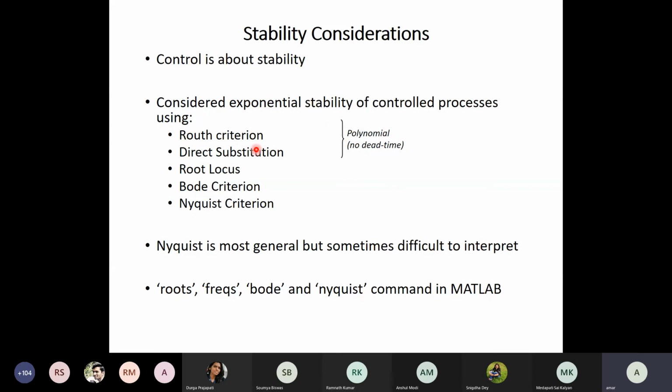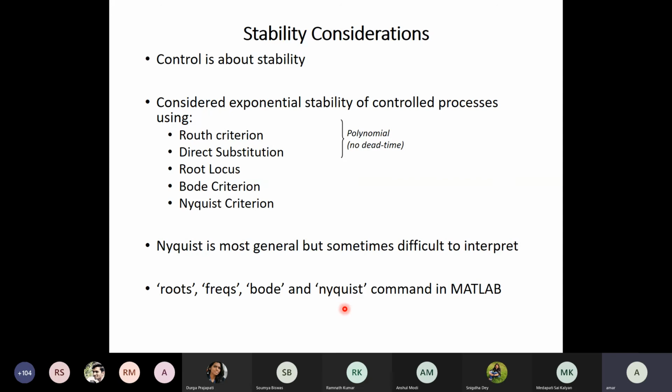The root criteria, direct substitution, and root locus methods are normally used where there is a rational transfer function, the ratio of two polynomials, where there is no dead time. Although in the direct substitution method we can use dead time. Whereas in the Bode and Nyquist criteria, we can use any kind of transfer function.